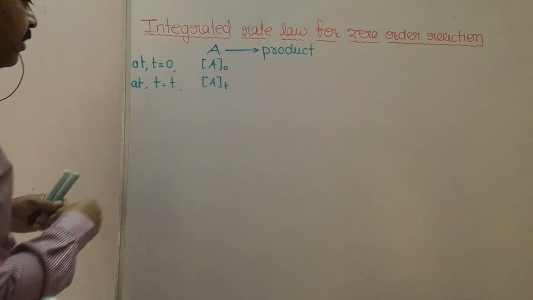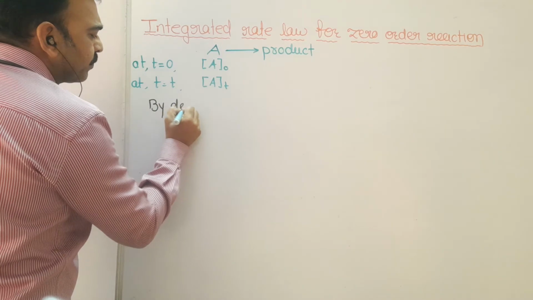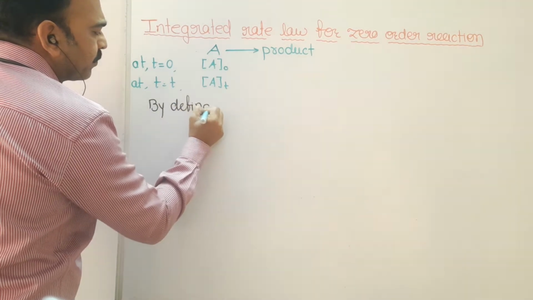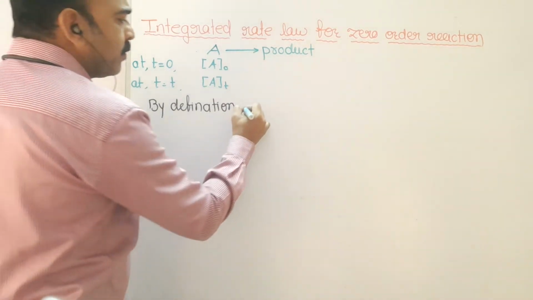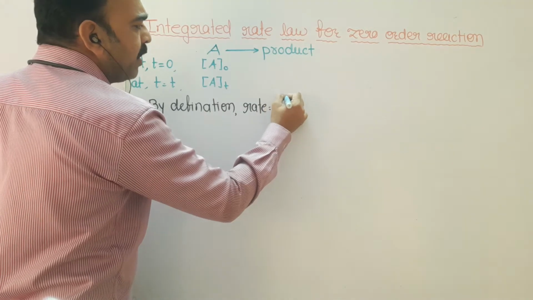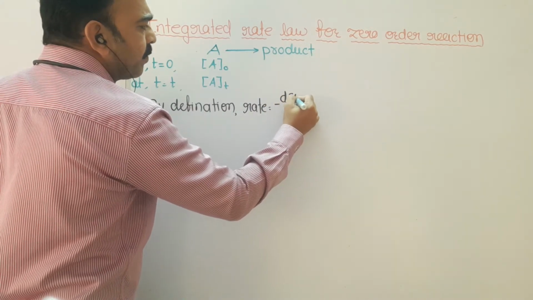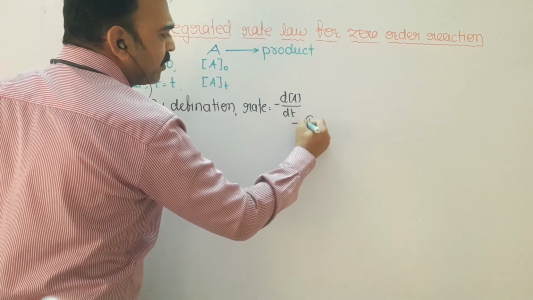Now for the reaction, by definition, rate equals minus dA by dt. Let it be equation number 1.